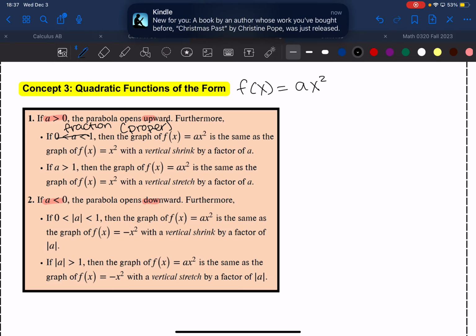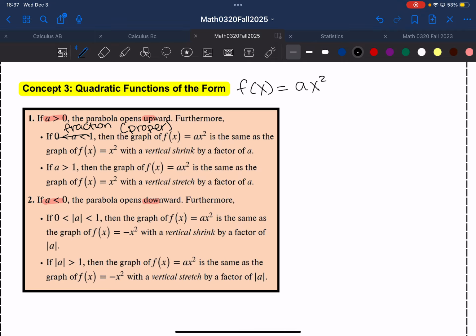What do I mean by a proper fraction? It's a simplified fraction, and the numerator should not be larger than the denominator. Your denominator should be larger. An improper fraction is when the numerator is larger, like 26 over 5. That's improper.